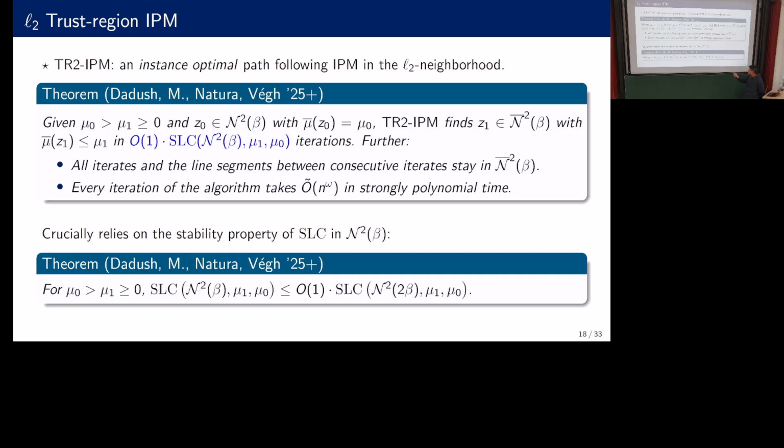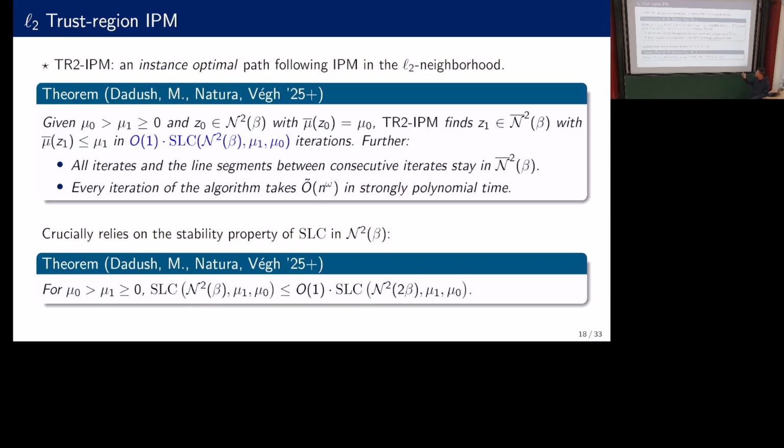So if you just halve the parameter of the neighborhood, then the straight line complexity, by definition, surely goes up because you make the neighborhood narrower, so your straight line is more likely to hit the boundary of that neighborhood. So it surely goes up, but we show that it cannot go up crazily. It can be upper bounded by a constant factor of the straight line complexity of the original neighborhood.